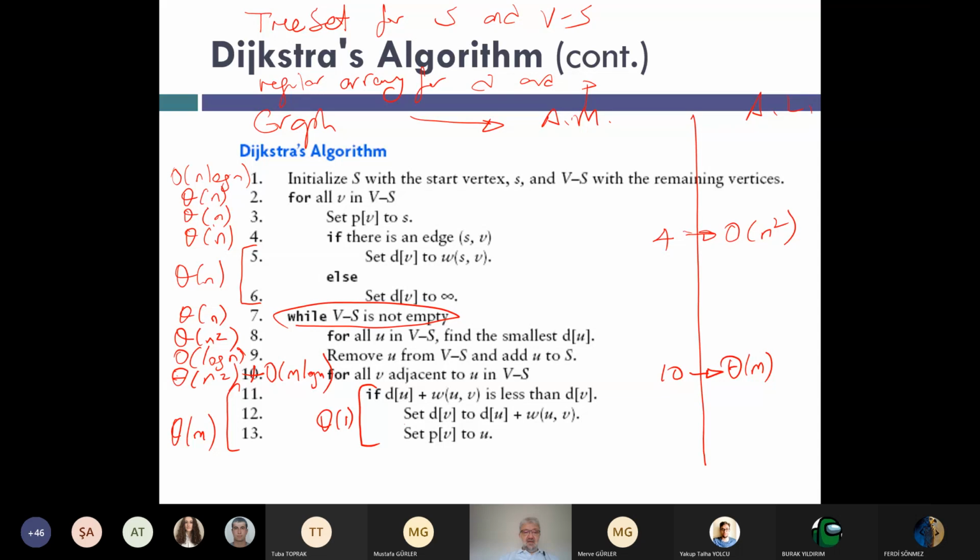Okay. So overall running time of this is, as you see, let me put it here, theta m log n for this one plus n squared, right?